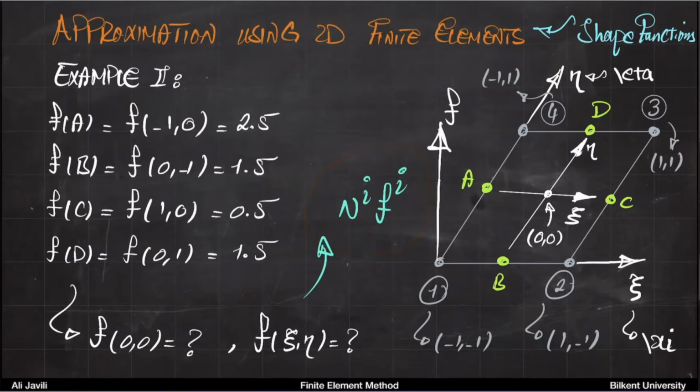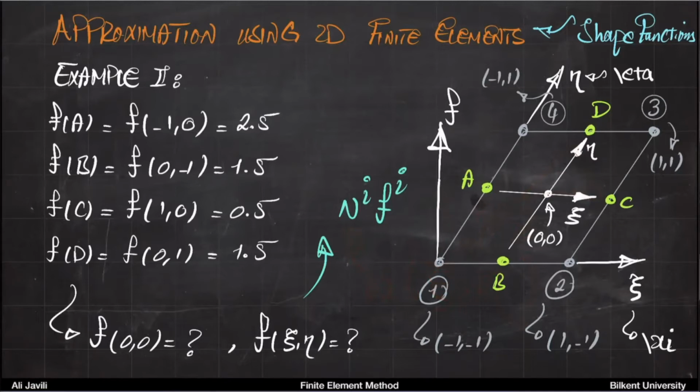Because now this N1 is 1 here, whereas this point 1, you should remember, is not coinciding with the function itself. So in this case, when you use these shape functions, you need to use them in terms of xi and eta, and then for those xi and etas, you can use coordinates of a, b, c, and d. All right, so you can also evaluate them and extend that idea.